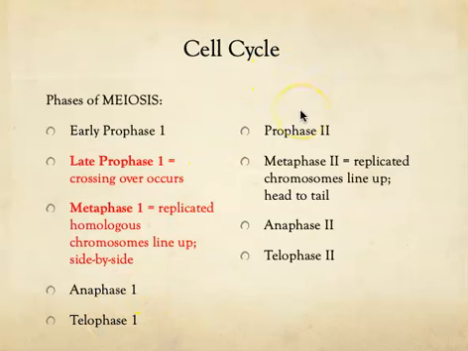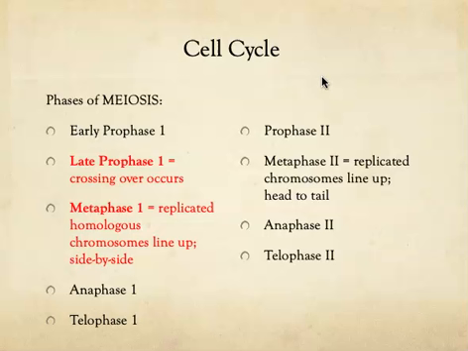During the second division, we have Prophase 2, Metaphase 2, Anaphase 2, and Telophase 2. So this is a process, meiosis, where we're going to have not one division of the nucleus, but two.